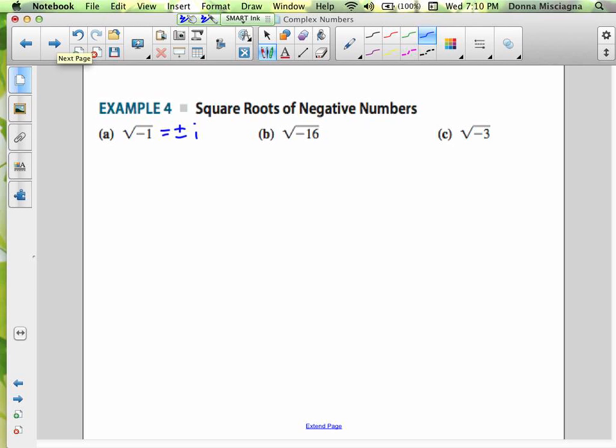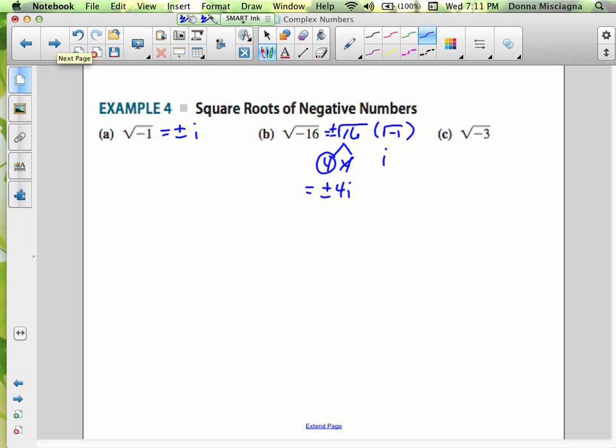Square root of negative 16. That is the same as the square root of 16 times the square root of negative 1. 16, of course, is a perfect square, 4 times 4, so one 4 comes out, one 4 goes away. Square root of negative 1 is i. So our answer here will be plus or minus 4i. And then we have the square root of negative 3.